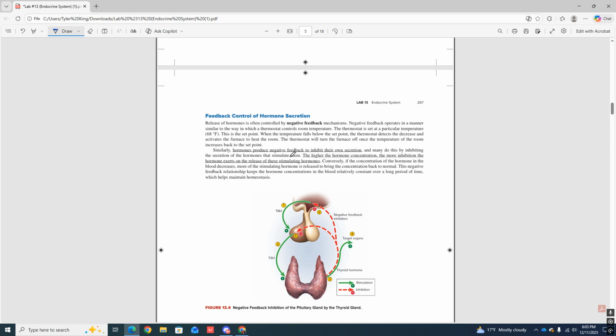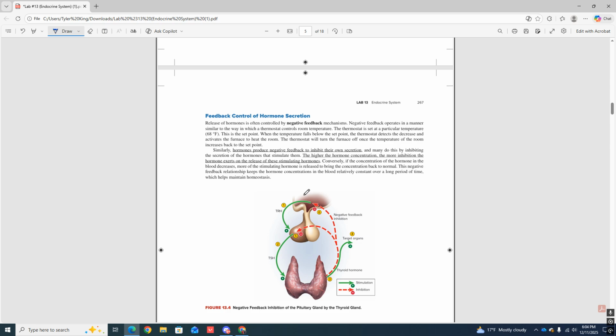Exact same concept applies to the hormonal pathways with the endocrine system. So in our case here, we're considering the hypothalamus to be that thermostat. When it gets word that something's not right, so we are at a lower level of a certain hormone, it tells your furnace, aka your anterior pituitary, and if you work down the chain, it'll tell another gland, your thyroid, your testes, your ovaries, whatever, to produce a certain hormone.